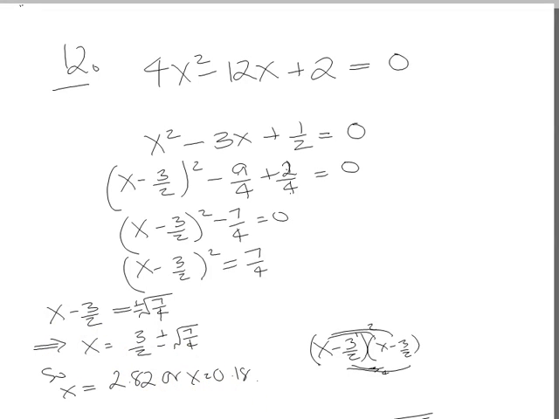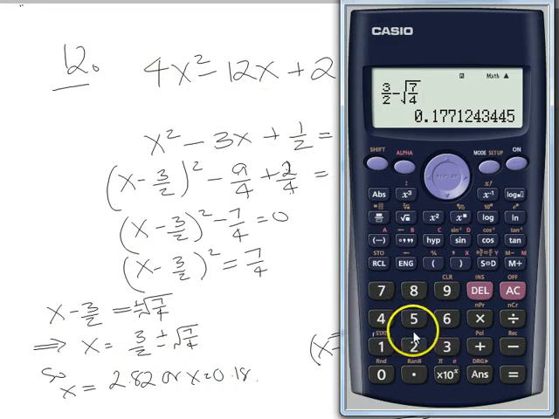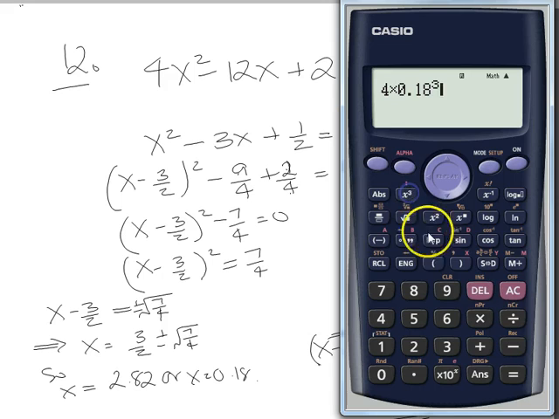So get our calculator up. 4 times 0.18 squared, not cubed, minus 12 times 0.18 plus 2 equals.